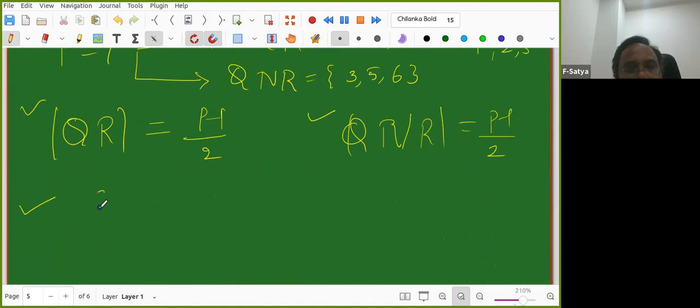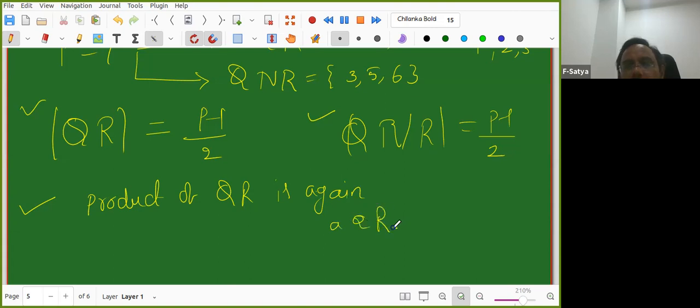Okay, I don't know how you got it, but you are saying that the product of quadratic residues is again a quadratic residue. How can you see that?